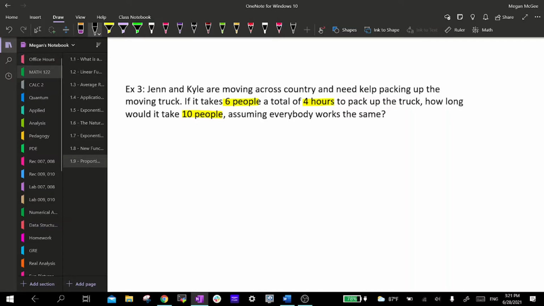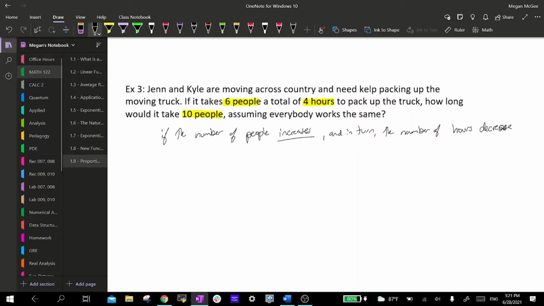So if the number of people increases, and in turn the number of hours it takes them to pack decreases, right?